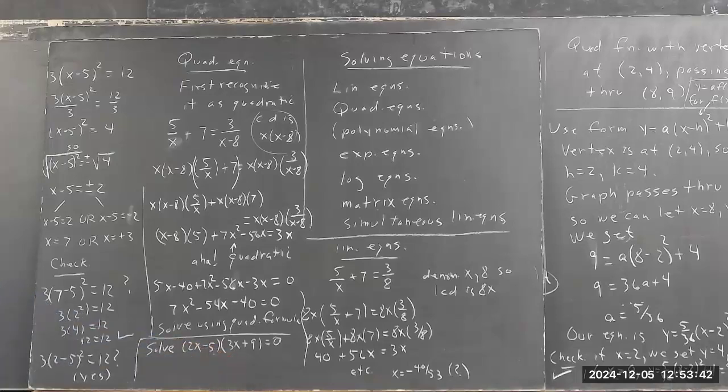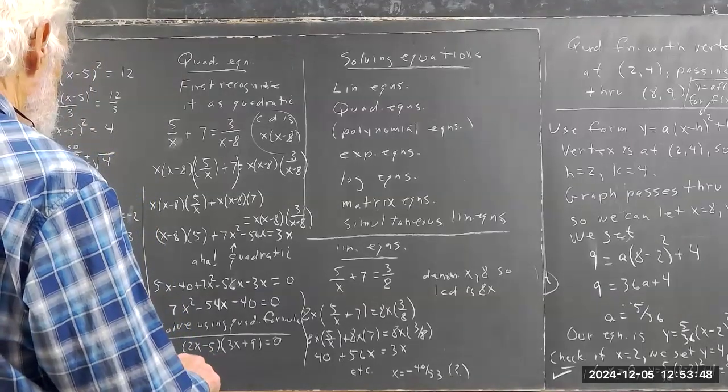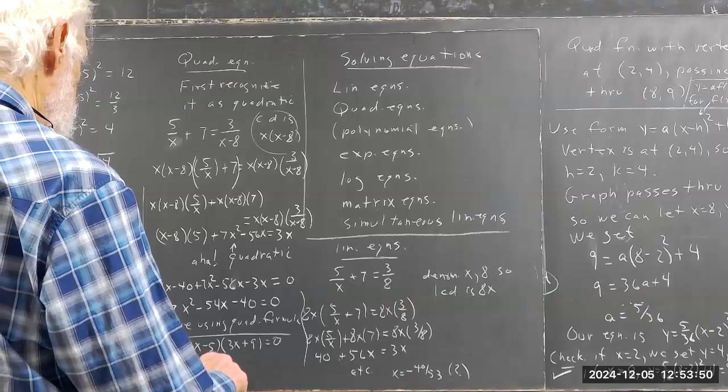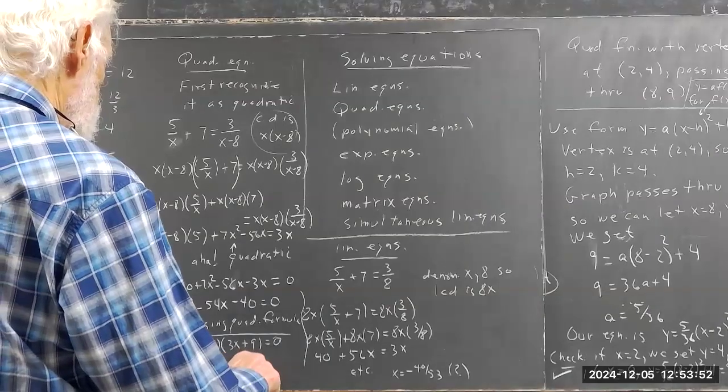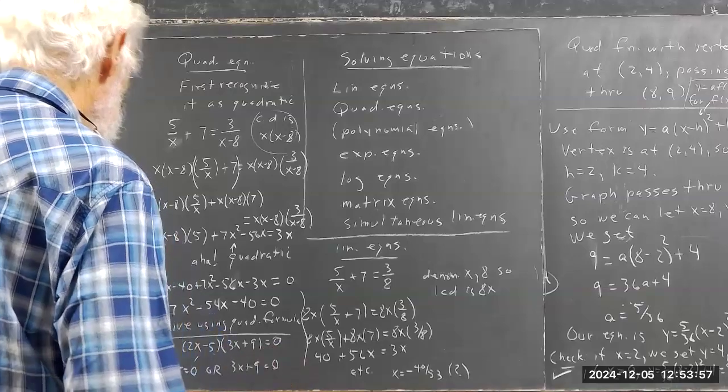You've already got it in a form that makes it easy to solve. The solution is 2x minus 5 equals 0, or 3x plus 9 equals 0.